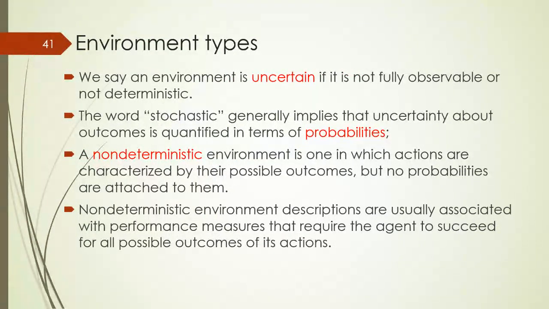A non-deterministic environment is one in which actions are characterized by their possible outcomes, but no probabilities are attached to them. Non-deterministic environment descriptions are usually associated with performance measures that require the agent to succeed for all possible outcomes of its actions.